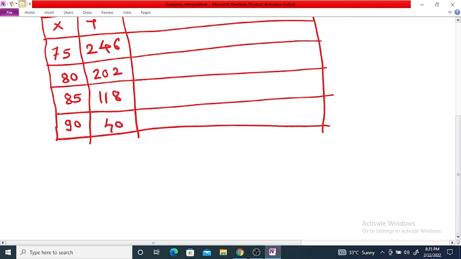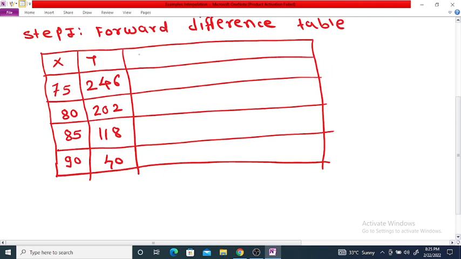So the first forward difference is delta y is equal to 202 minus 246, so it is equal to minus 44. Now 118 minus 202 is minus 84. 40 minus 118 is equal to minus 78.